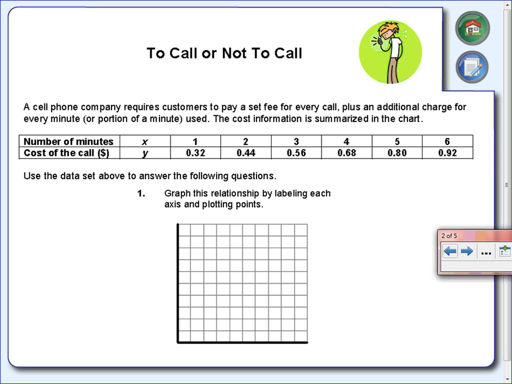When I call you up there, I'm not looking just for the answer, but I'm looking for your thought process. What did you do to come up with that answer? So make sure you're ready to explain how you came up with your answer.